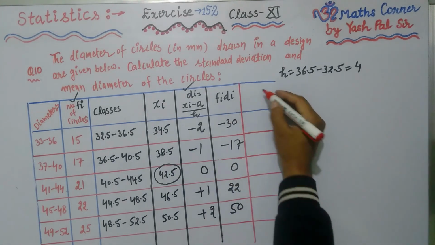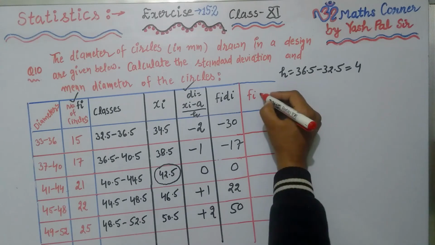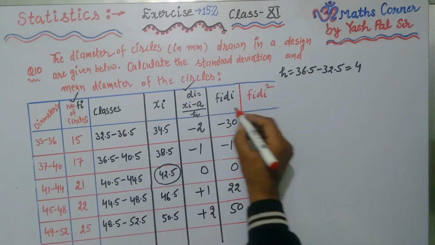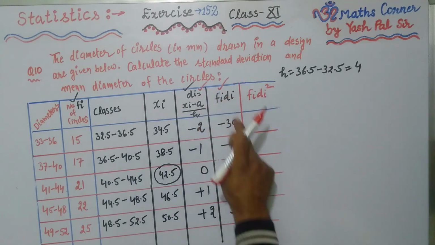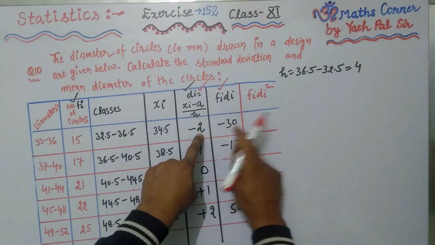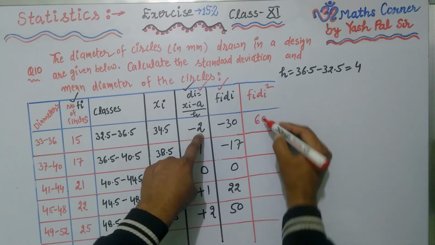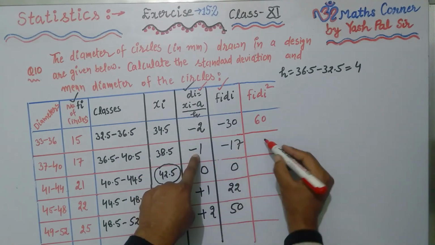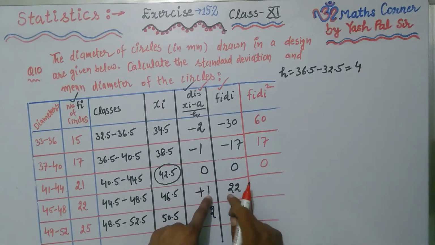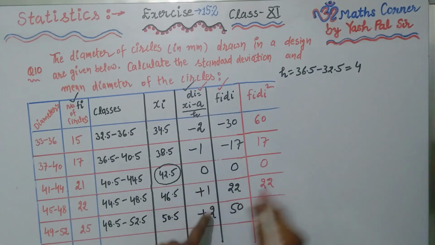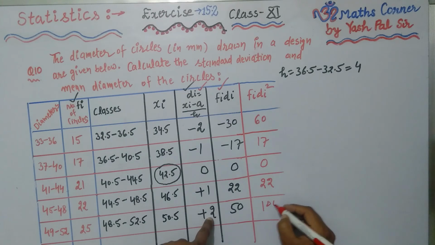Now in the last column we find fi di square, that is the product of these two columns. Minus 2 into minus 30 is 60, minus 1 into minus 17 is plus 17, 0 into 0, 1 into 22, 2 into 50 is 100.